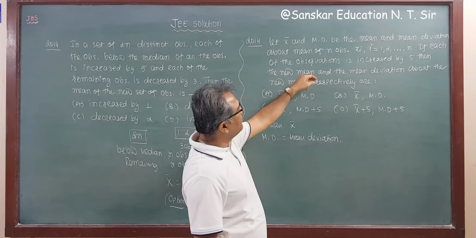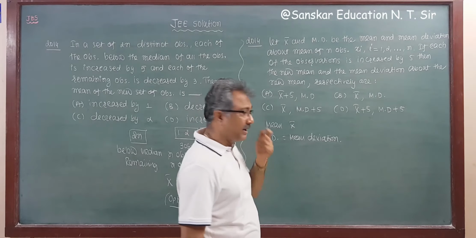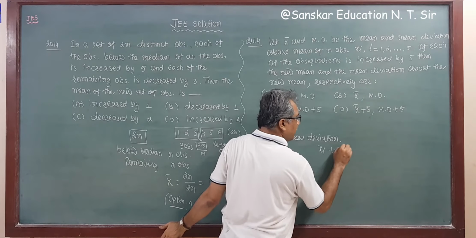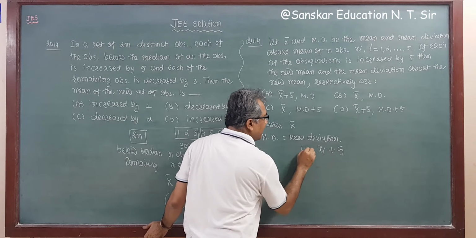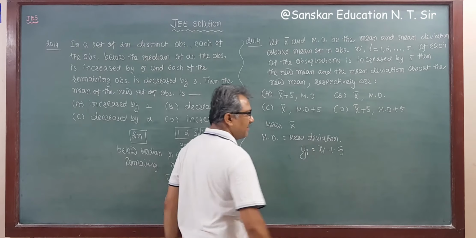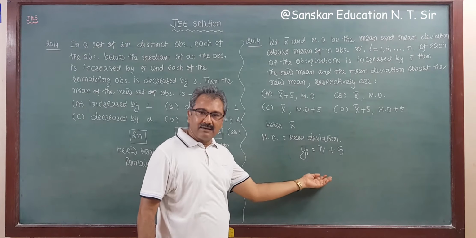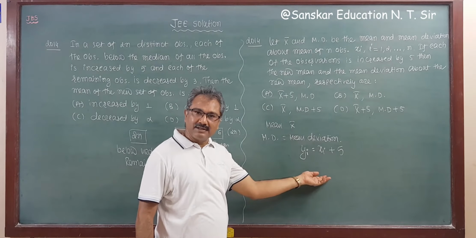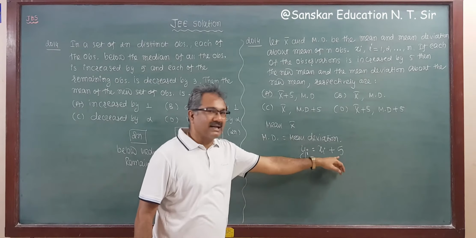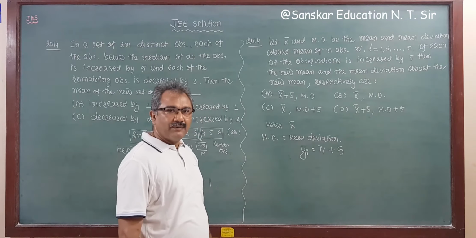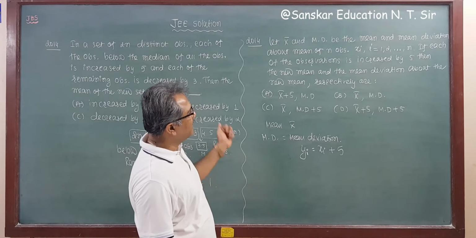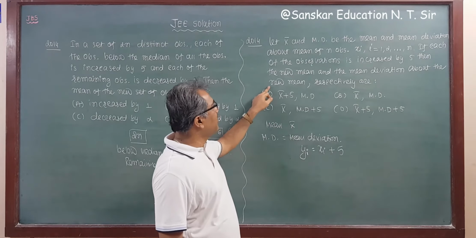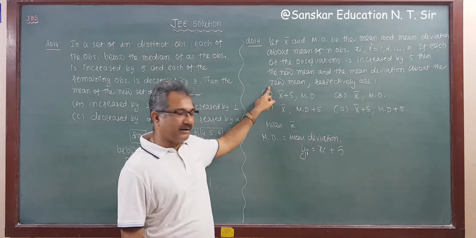If each of the observations is increased by 5, then the new observation will be yi, that is yi equals xi plus 5. The new mean and the mean deviation about the new mean respectively are?